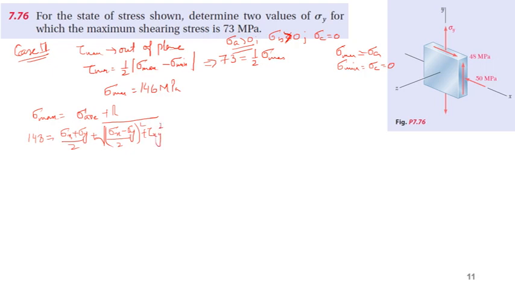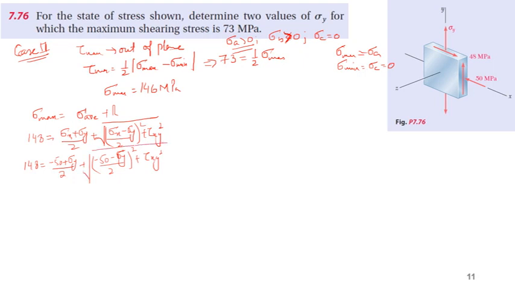Now, I can write this as 148 is equal to minus 50 plus sigma y, we don't know the value because we are calculating, divided by 2, plus minus 50 minus sigma y divided by 2 square plus tau xy square, and this value is under root.